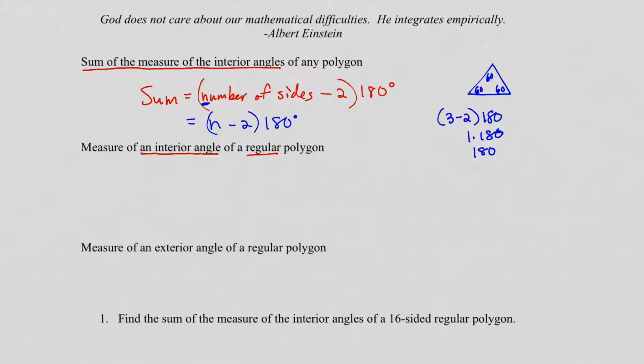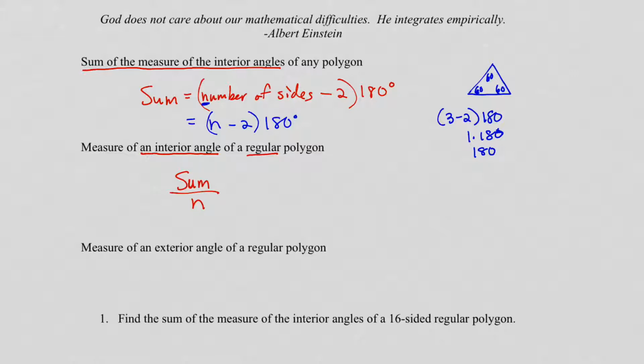So basically it's the sum of all the angles divided by n. That's it. That's the formula.